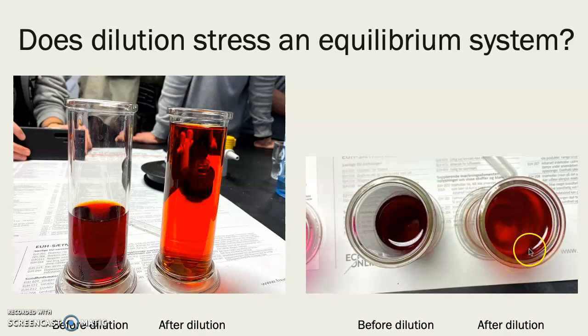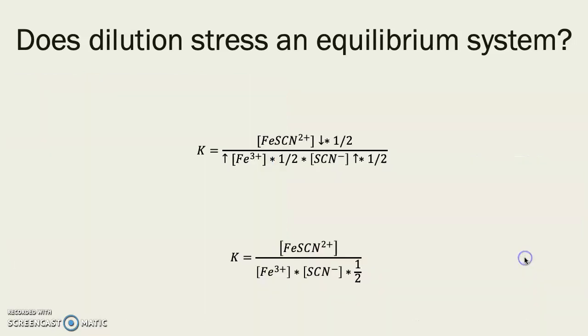K is equal to Q, which results in more reactants than products because it has become lighter. And therefore the backward reaction must be faster than the forward reaction, and we end up with a lighter color, and we look through a different number of molecules.